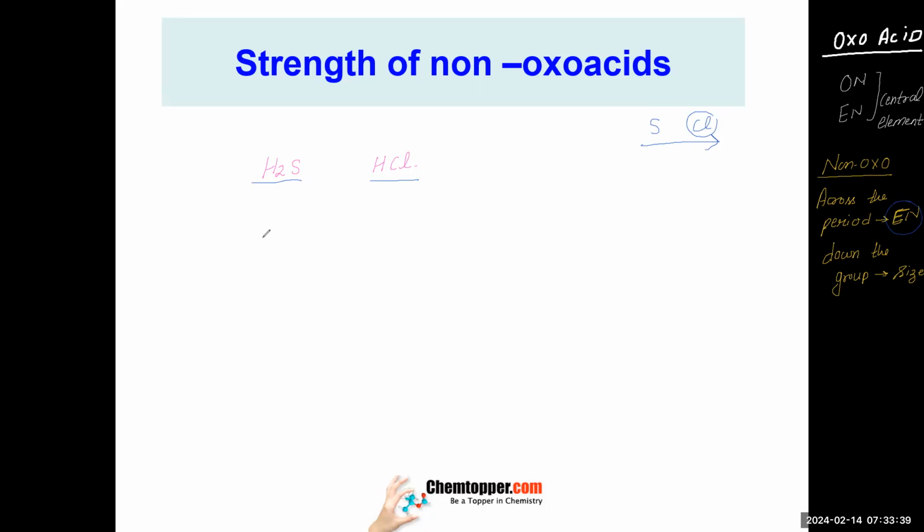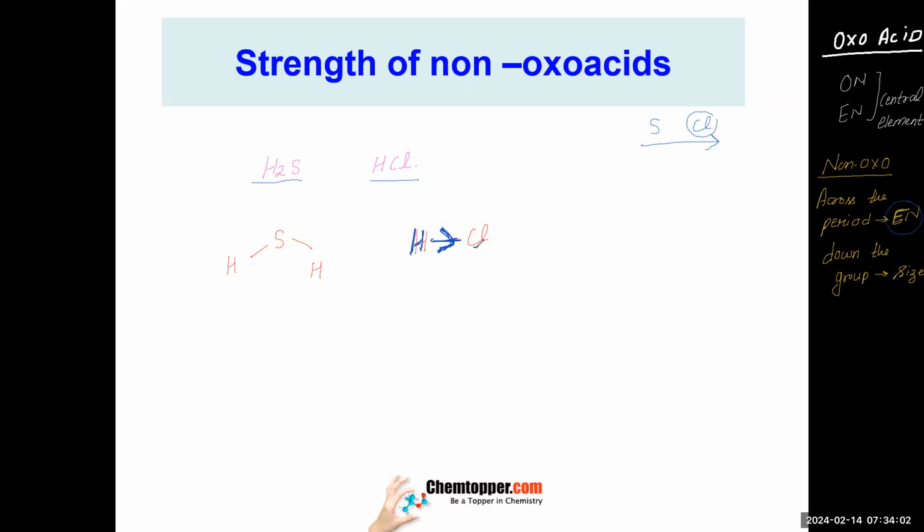So it means sulfur with 2 hydrogens and this hydrogen on the chlorine. Who can pull the electron density more strongly? Chlorine. Chlorine is more electronegative, so it will pull the electron density on itself. Please understand this concept.